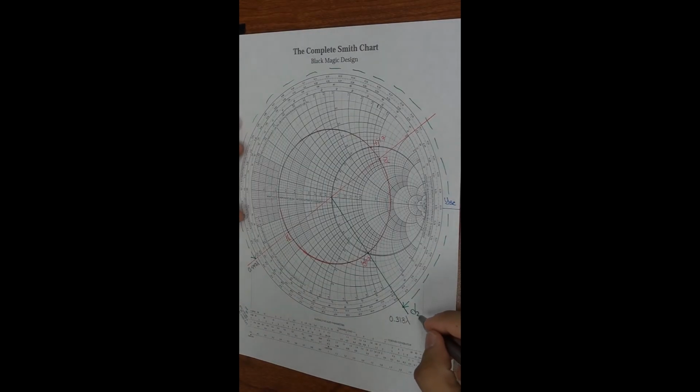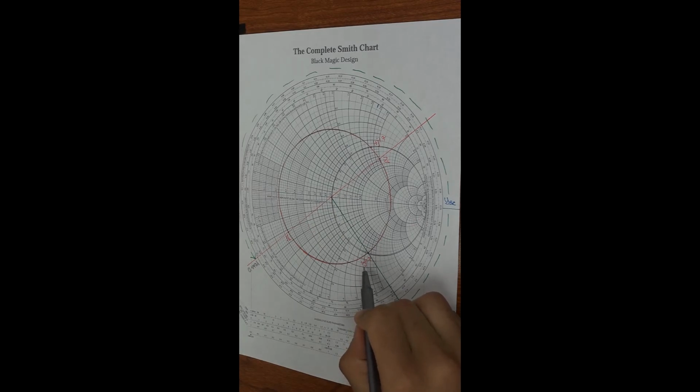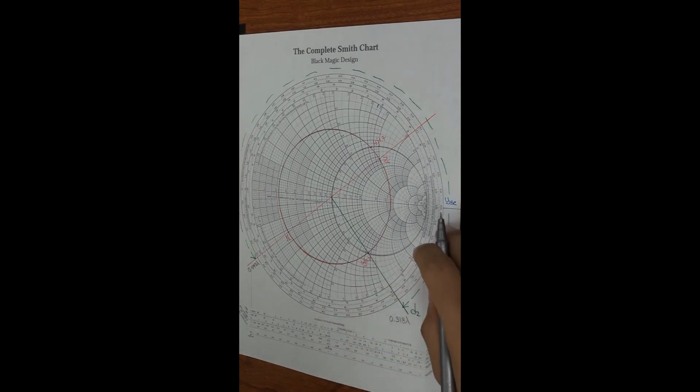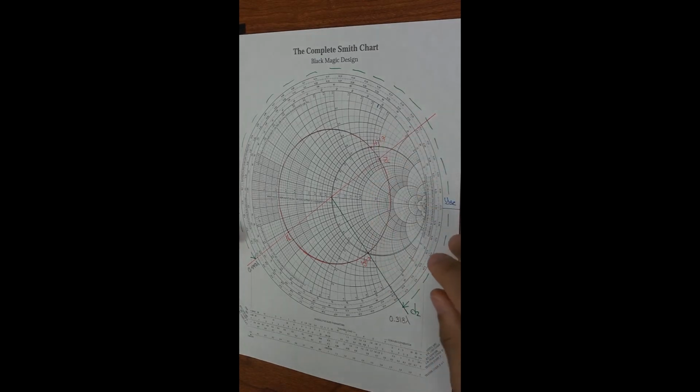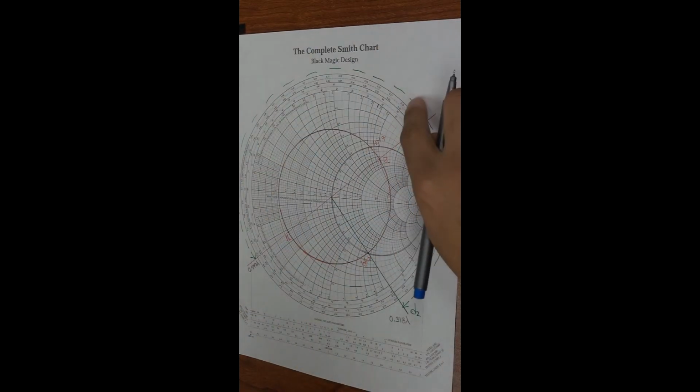Now that we found D2, we need to find L2, which is the second part of our second solution. We already found L1, which was the shortest distance until this point in order to match the imaginary part, negative j1.7. So now we need to match the imaginary part, positive 1.7. That will be a longer distance L, walking all the way from here until this point.